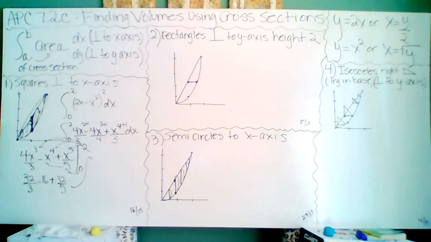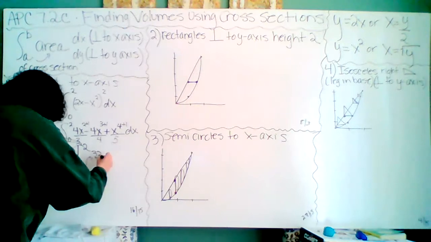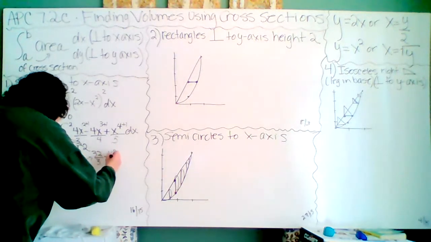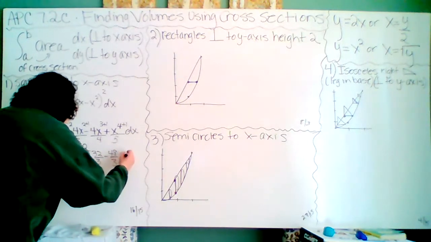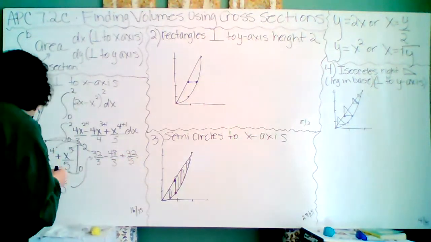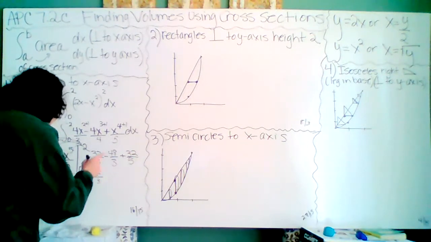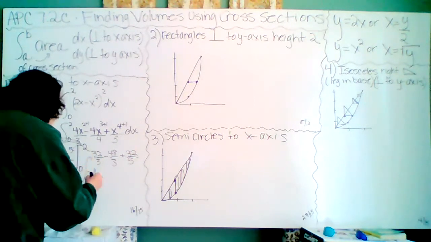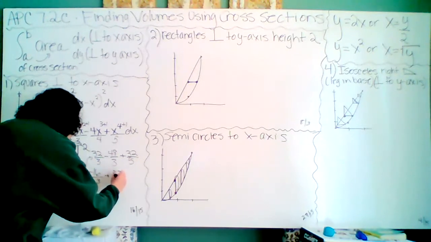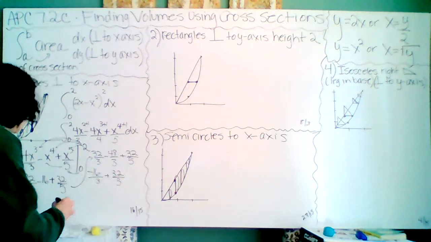How about if I first do 32 thirds minus 48 thirds, and I'm just going to keep my 32 fifths for a moment. So that would be negative 16 thirds, plus 32 fifths. I'm going to get a common denominator of 15.